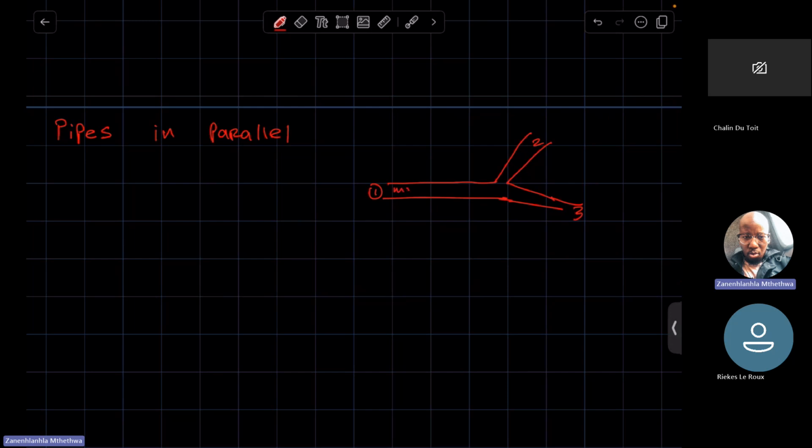This here would be the main pipe. As far as how that affects our continuity equation, Q1 will now be equal to Q2 plus Q3. That is how you would then use the continuity equation. But it is very important for pipes in parallel that you are able to tell which of the pipes is the main pipe.